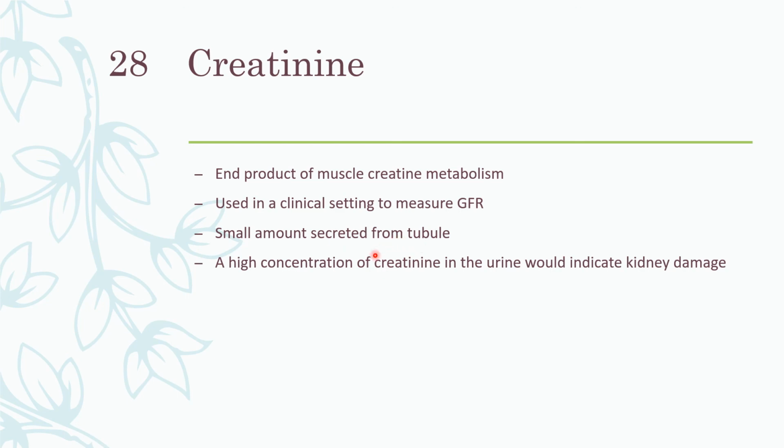So if I have a high concentration of creatinine in my urine, that would indicate that I had some level of kidney damage. So again, I'm maybe not able to reabsorb molecules back into the blood. So that might be the potential issue, but we can use creatinine levels as a marker for us to determine if somebody maybe has suffered from some kidney damage of some sort or has a decrease in kidney function even.